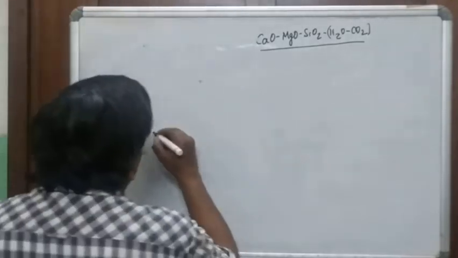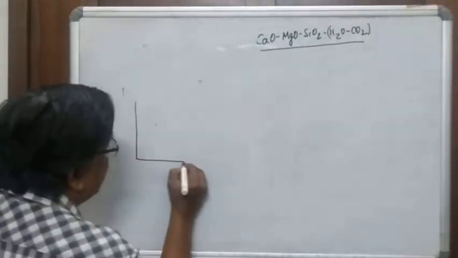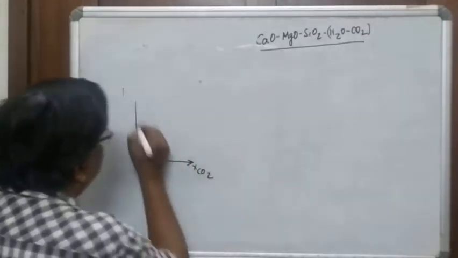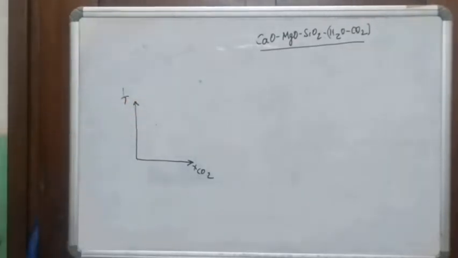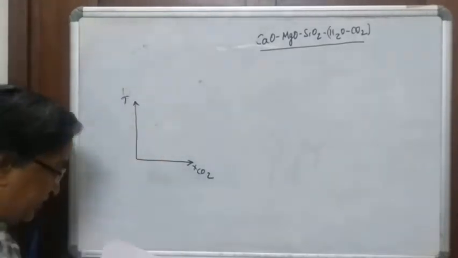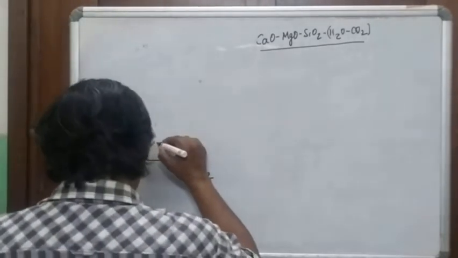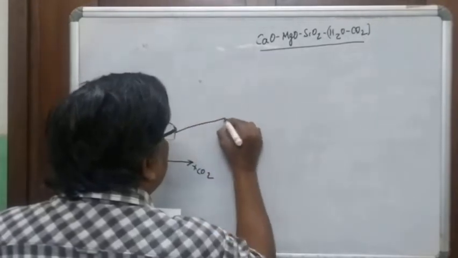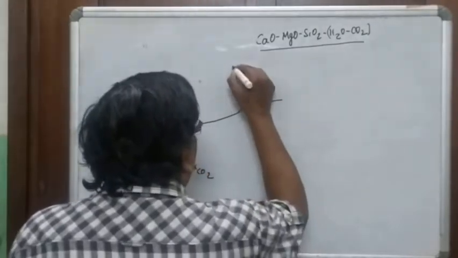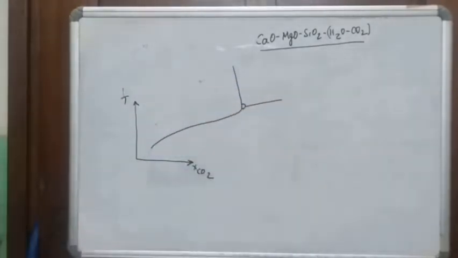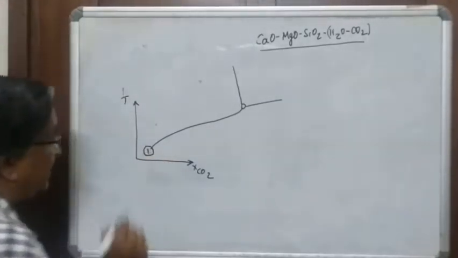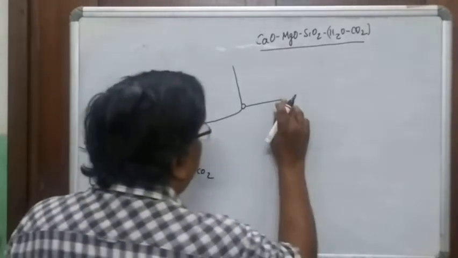So let's say this is T and this is XCO2. So XCO2 is increasing this side, and this is temperature. This was the diagram. This went on to be 1.0, and this went on to be increasing temperature. And this is how the reaction looked like. This is the lowermost part of it, and the reaction numbers are very important here. 1. This is the same as before, so I'm keeping everything same.